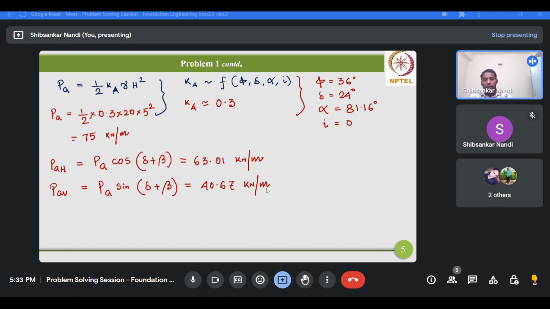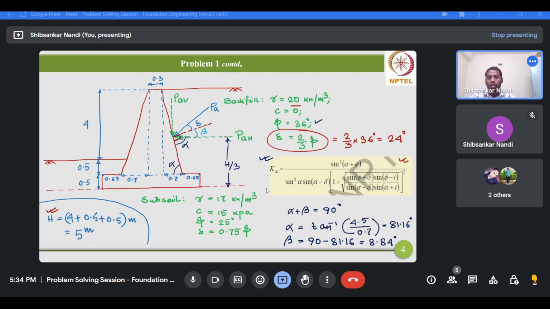Okay, so we have determined the vertical as well as horizontal component of the resultant active earth pressure, which is acting on the back face of the wall, the inclined back face of the wall.